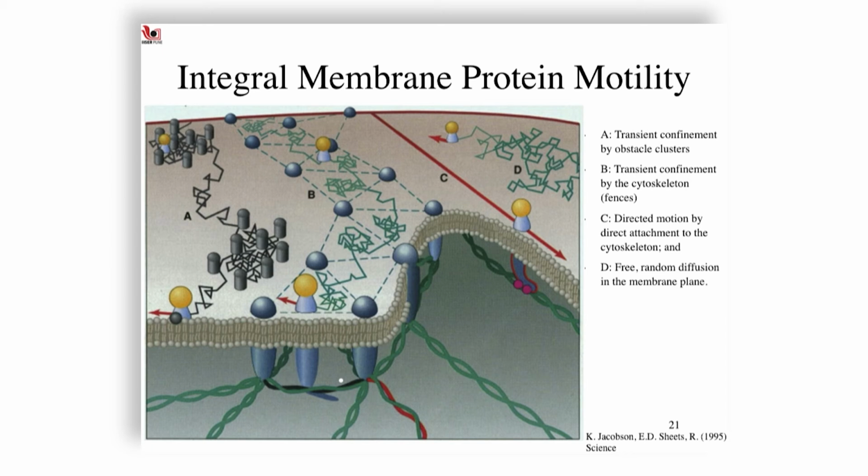Indeed, integral membrane protein mobility itself, meaning to say membrane proteins that span both bilayers, have been considered to be at least classified into the following four kinds: transient confinement by obstacle clustering, transient confinement by cytoskeleton or fences, directed motion by direct attachment to the cytoskeleton, and free random diffusion in the membrane plane.